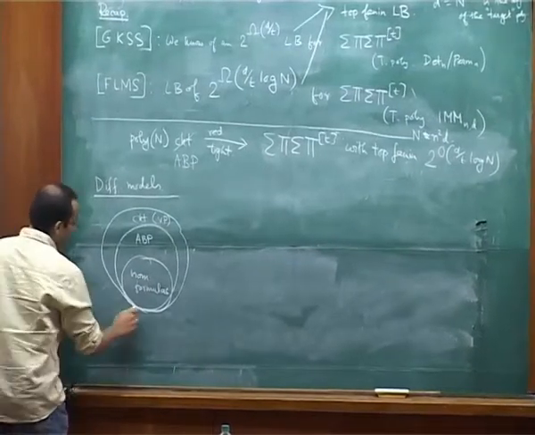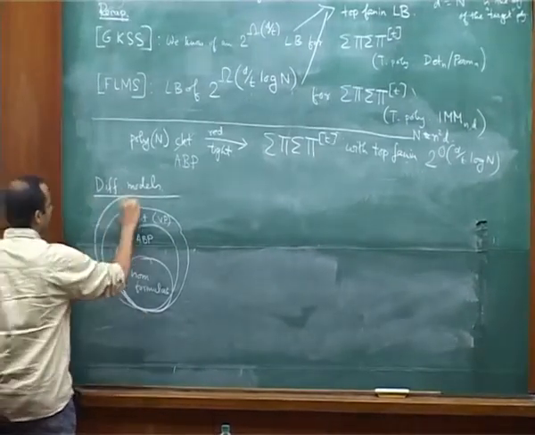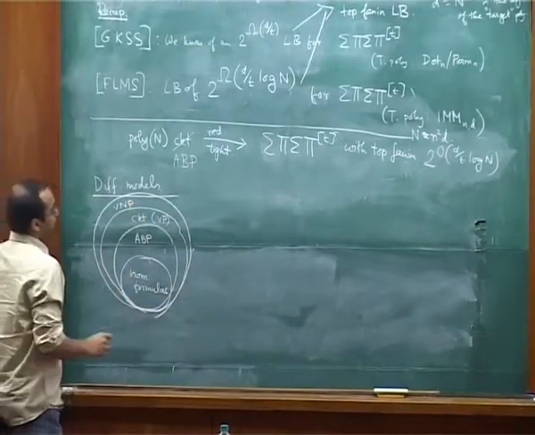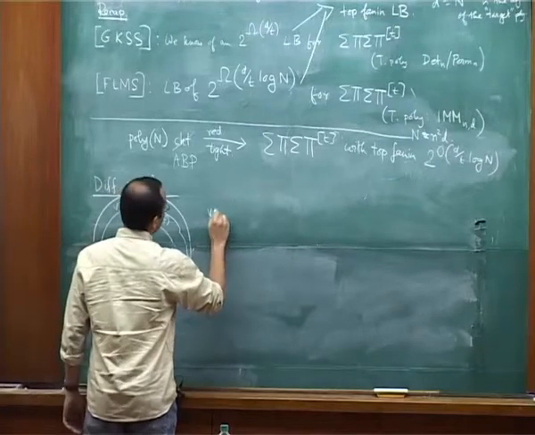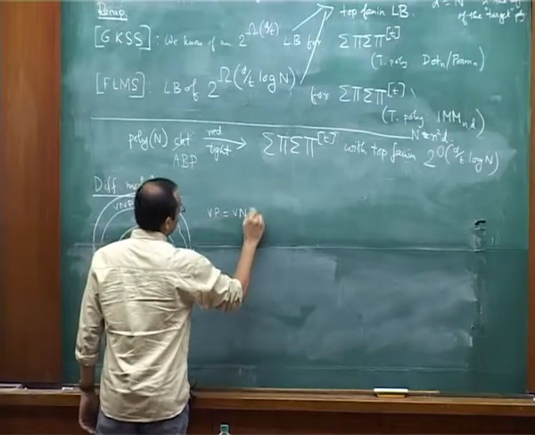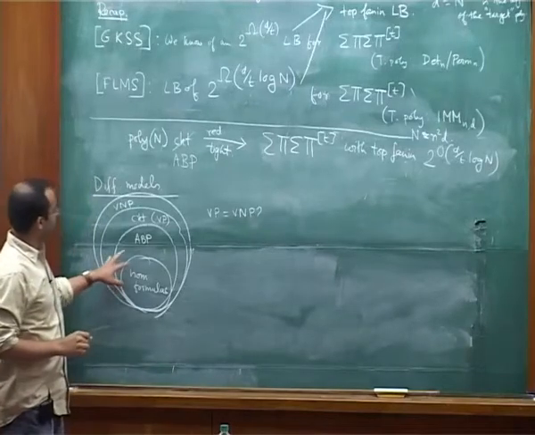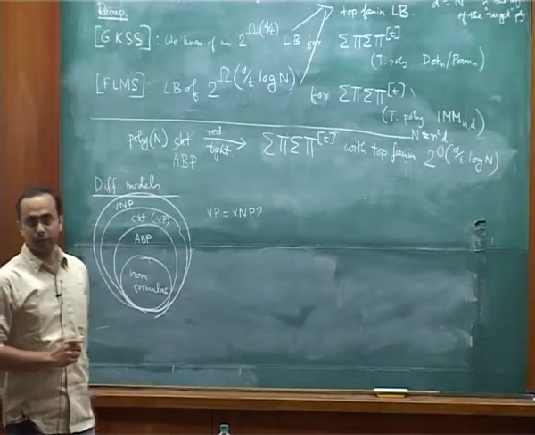And on top of all this, we have the class VNP of polynomials. And the outstanding open question here is whether this is true or not, and at the same time, whether any of these containments is actually tight or not.